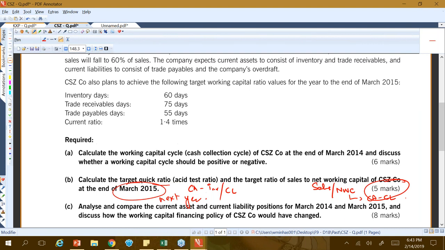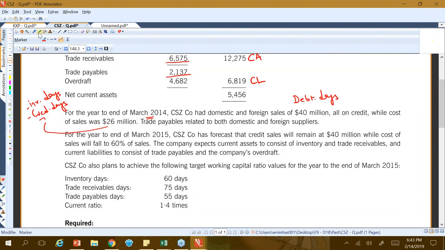So let's read this further. For the year end of March 2015, so this is focusing on B, CSE has forecast that credit sales will remain at 40 million, while the cost of sales will fall to 60% of sales. So 60% of sales, this will be the 40 million, 60%, this will be the cost of sales, whatever you get on your calculations here.